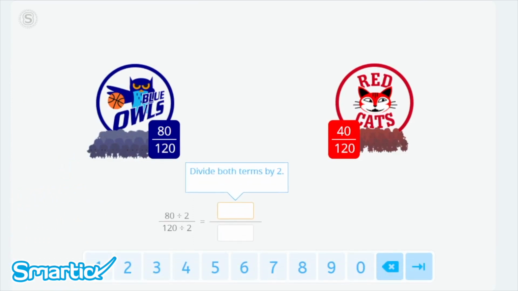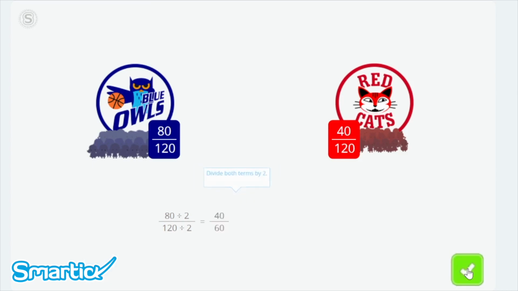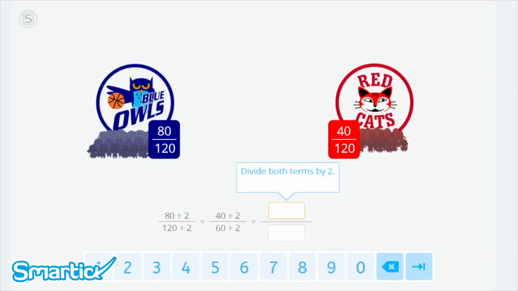Divide both terms by 2. 80 divided by 2 equals 40. And 120 divided by 2 equals 60. Divide both terms by 2 again. Okay, what's half of 40?